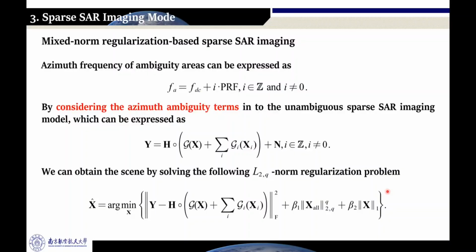The frequency of ambiguity areas can be expressed by this equation. By considering the azimuth ambiguity, we turn it into the sparse side imaging model, which can be expressed as this. We can obtain the scenes by solving the following L2Q norm regularization problem.